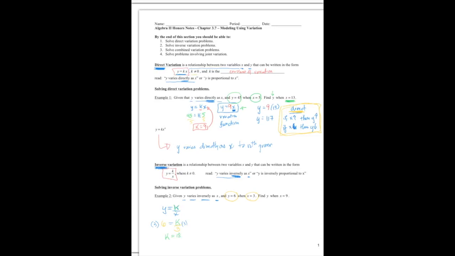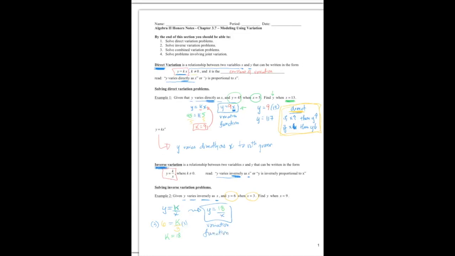So now I have to write my variation function. I'm going to take the general form and substitute in my constant of variation. This, again, is the variation function for this relationship that you've been given.